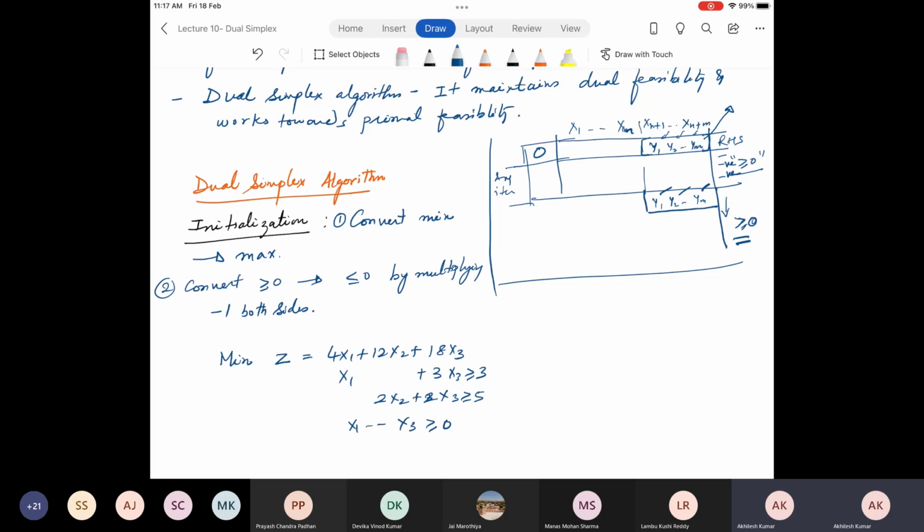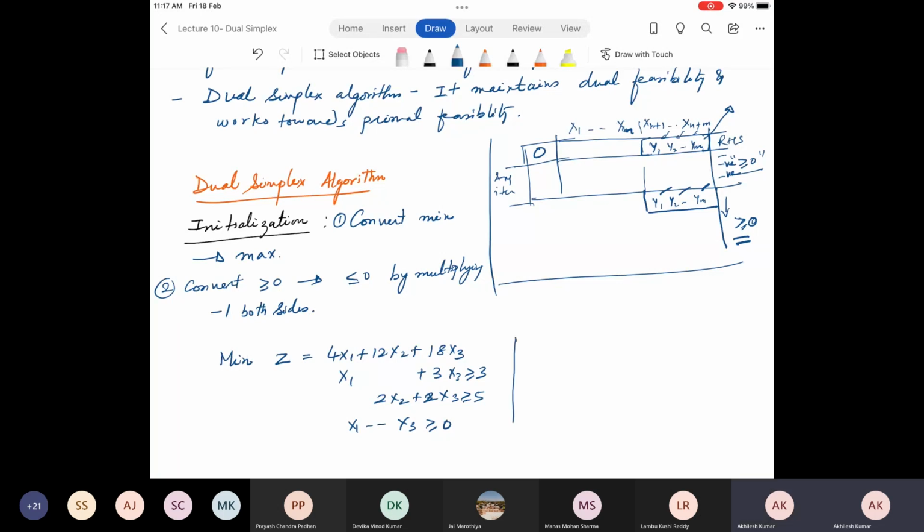Can you recognize this problem? Which problem is this? Dual. Dual of the Binder-Glass problem. But I'm not telling you whether it is a dual or anything. I'm just giving you a problem which has minimization with greater than or equal to constraints.